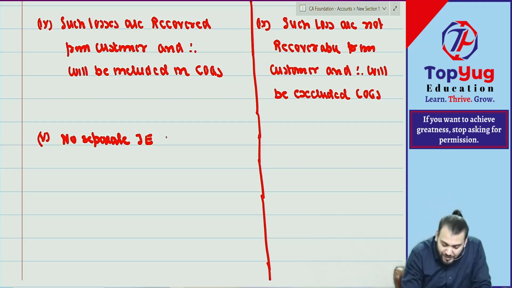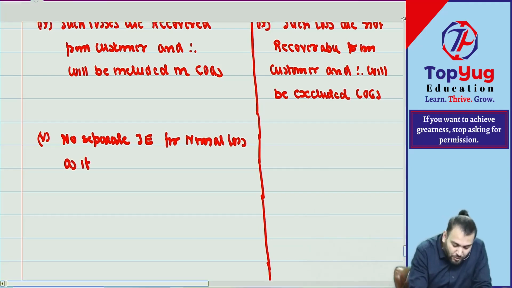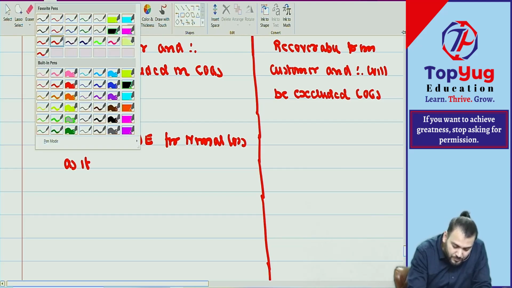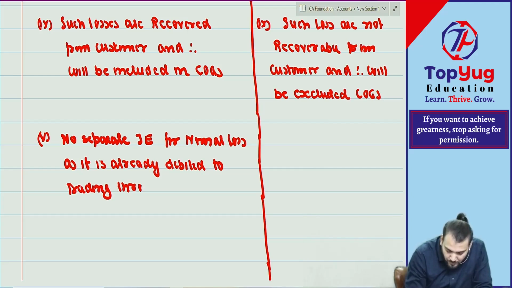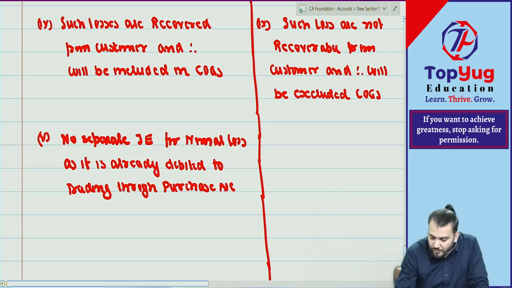So no separate journal entry for normal loss, as it is already debited to trading account through purchase account.